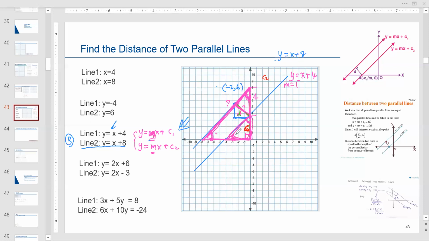So this is the same triangle. Where does this come from? It is C, and we don't know this one, right? But we know this part. This distance here, we say x, is actually 4, right?